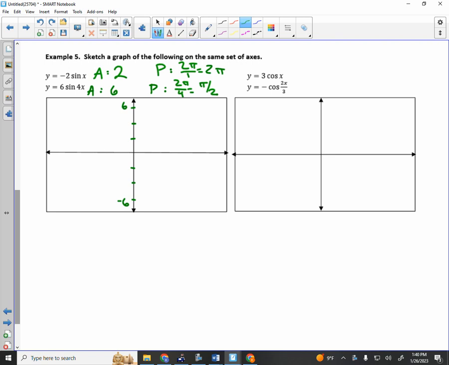And then I have the period, 2 pi, pi over 2, okay? And so I'm going to mark off 2 pi because I want to see everything. I divide it in half to get pi, that in half to get pi over 2, and then this third tick mark is always 3 times the other tick mark.